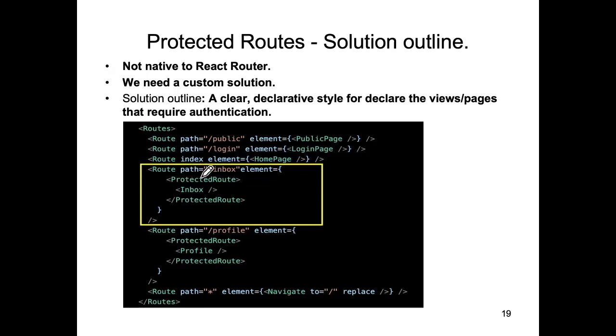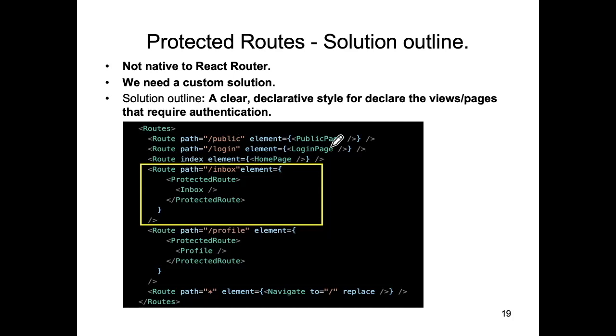Presumably behind the scenes, what this component needs to do is determine whether the user has logged in or not. If they have logged in, then mount the inbox component straight away. In other words, mount that page. If they haven't logged in, then redirect the user to the /login route. The /login route, which I have up here, changes the browser's URL to /login.